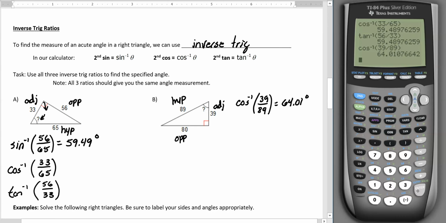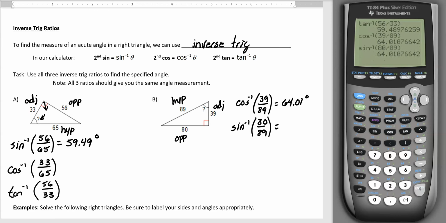Let's see if that's the same for our sine inverse maybe. So sine inverse of 80 divided by 89. And if we did this right, what do you know? It's the same.